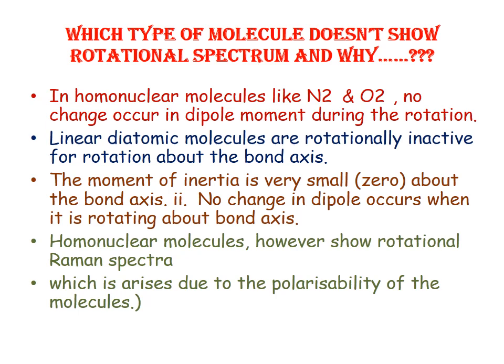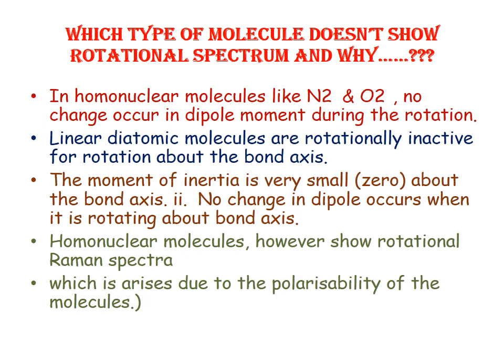All the homonuclear molecules like N2 and O2 do not possess a permanent dipole moment. Therefore, there is no dipole change. As a result, these molecules will not produce rotational spectra. The moment of inertia is very, very small about the bond axis.